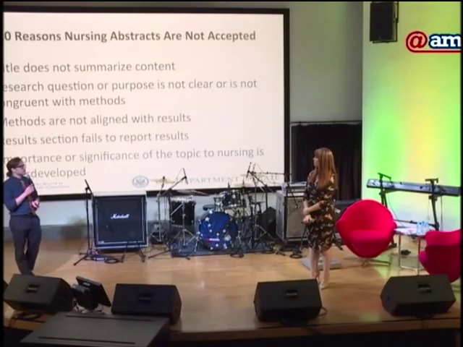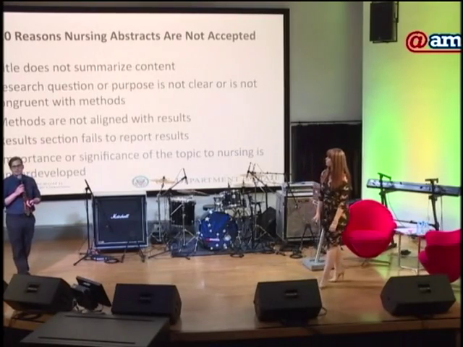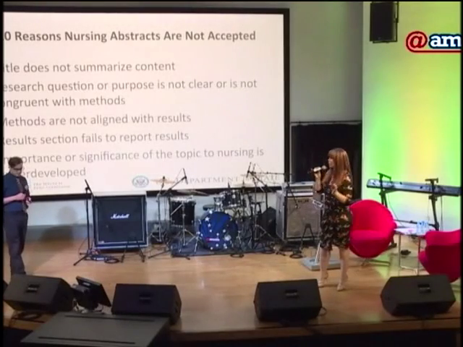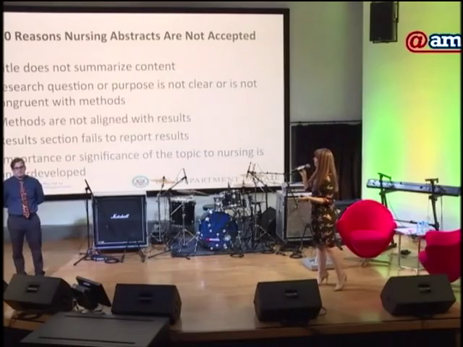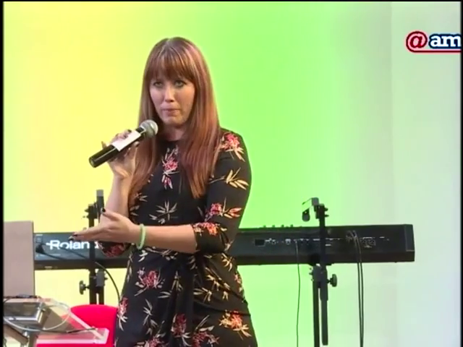But let's talk about maybe why an abstract might not be accepted. These are the top 10 for nursing, but I believe they can be applied to pretty much every field. So the title does not summarize the content. Clearly, if you don't have a clear title that represents your abstract, it's probably not going to be accepted. The research question or purpose is not clear or is not congruent with methods.